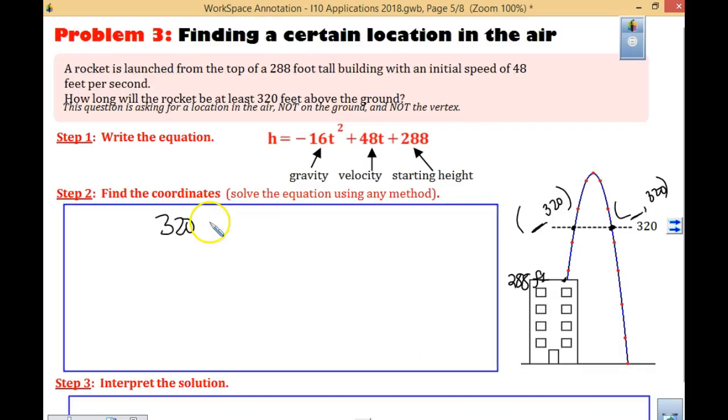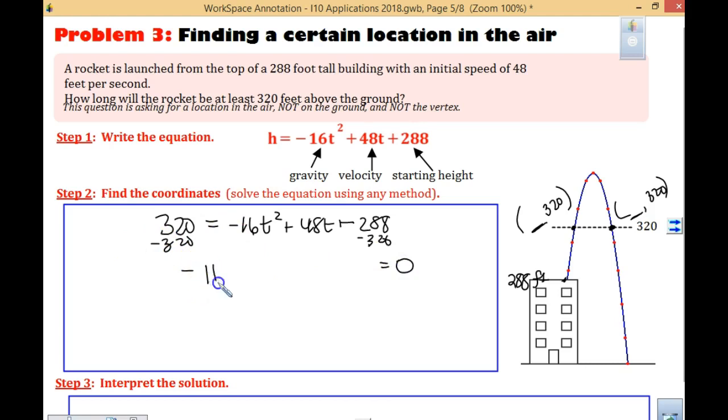Negative 16 t squared plus 48t plus 288. I have to get it equal to 0 first. So we've got to subtract 320. So 288 minus 320. And I'm going to put my equals 0 now behind the equation instead of out in front.